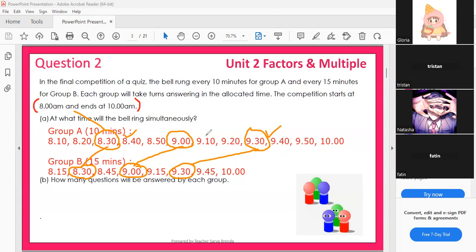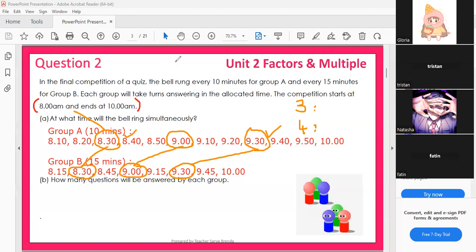All this is actually your common multiples. Instead of just giving you, okay, what's the multiple of 3 and 4, and then I ask you what is the common multiple of 3 and 4, I can give you a question that is in time duration. You see that?